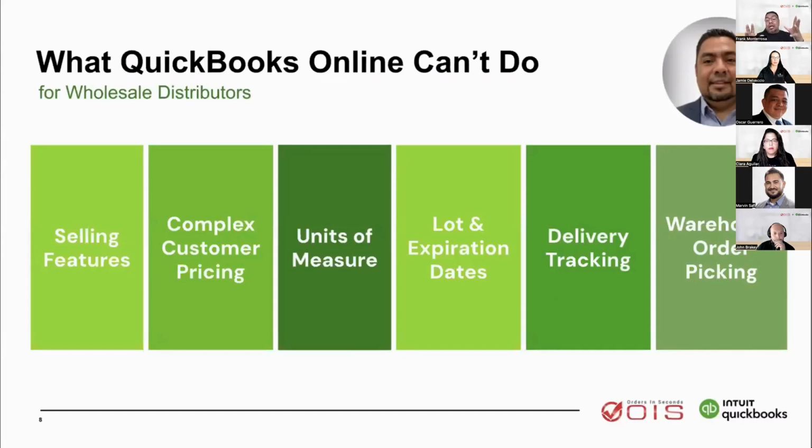But in our system, just to talk about OIS, you will be able to receive the merchandise with lots and expiration dates, and whenever you're taking out the merchandise to load the truck, you will be able to specify what lot and what expiration date you're getting that product from, so that you can keep track of what's going on in the inventory management.